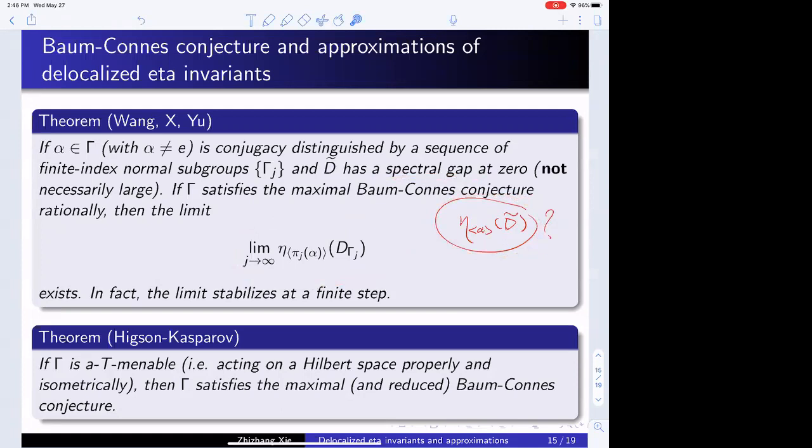But for this theorem, for now, let me just leave out this term for the moment. So let me just explain that this limit here actually exists. In fact, this limit has to stabilize at a finite step, which means when j is sufficiently large, this sequence of numbers becomes constant.